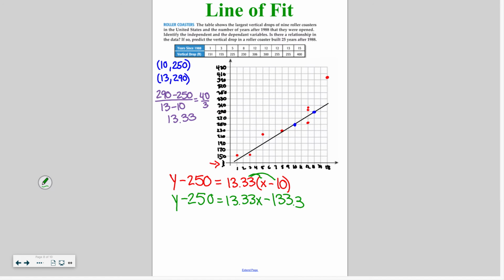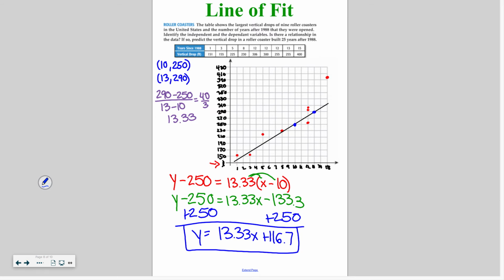I'm going to finish up by adding 50 to both sides of my equation, giving me a final answer of y is equal to 13.33x minus 83.3. So that is my equation for that line of best fit that I drew into the graph.